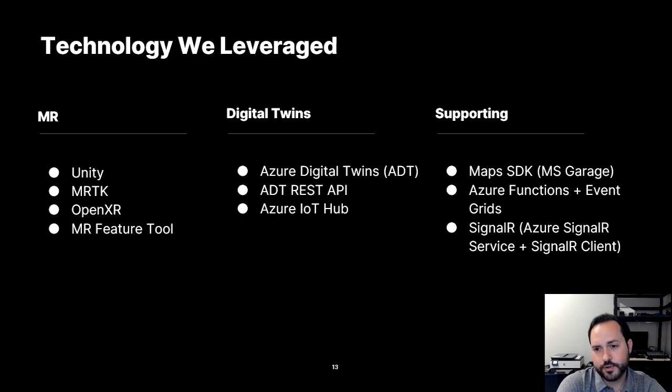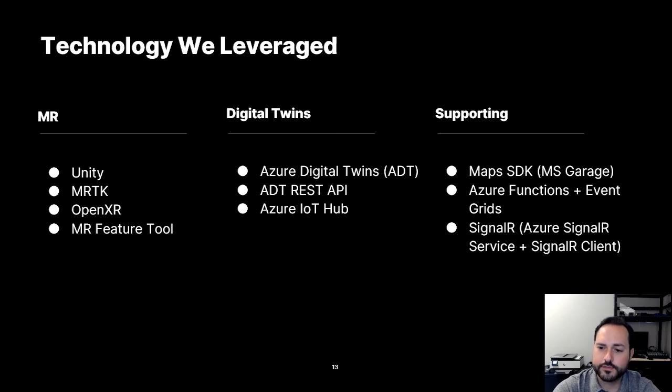On supporting technologies, we have the Maps SDK, which is built by Microsoft Garage, which takes in Bing Maps data and converts it into a 3D object in our scene. We have Azure Functions and Event Grids, which help propagate the data through the backend pipeline, so from the IoT Hub into the Digital Twins service and then through SignalR.